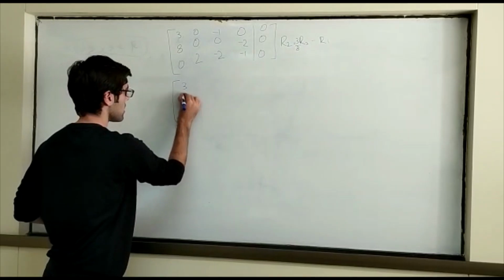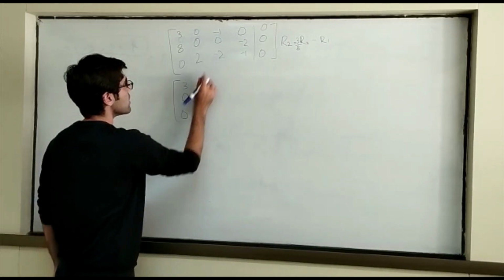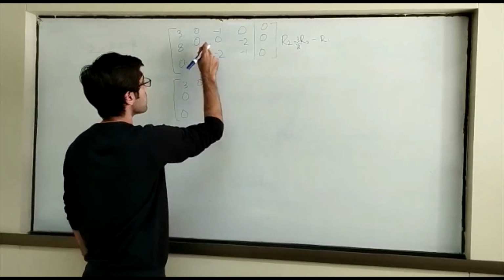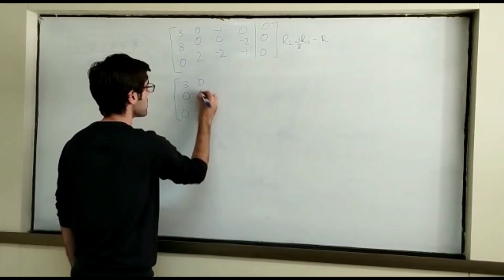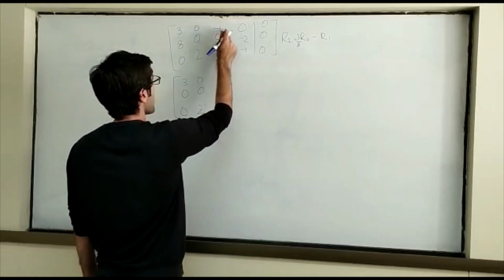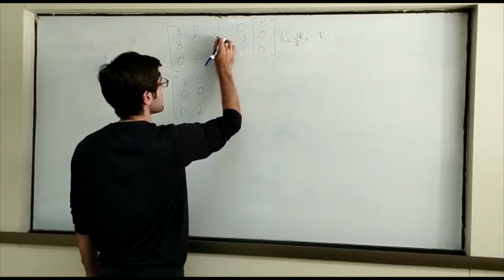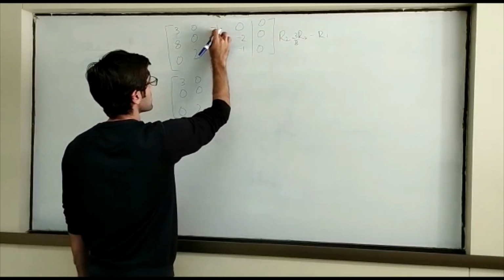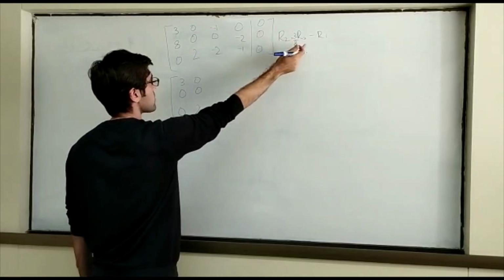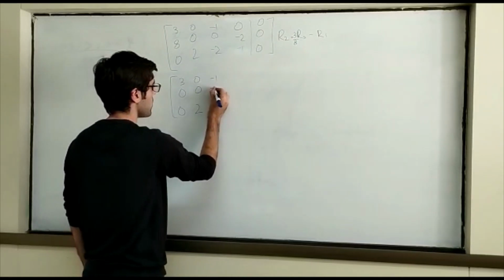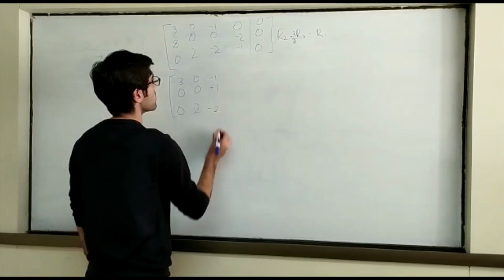You can see. Now 3 upon 8 into 0 will give us 0, and 0 minus 0 will give us 0. Minus 1, 0. 3 upon 8 into 0 will give us 0, and R1 is this element which is minus 1. So minus 1 into minus is plus 1. And then we have minus 2 over here.